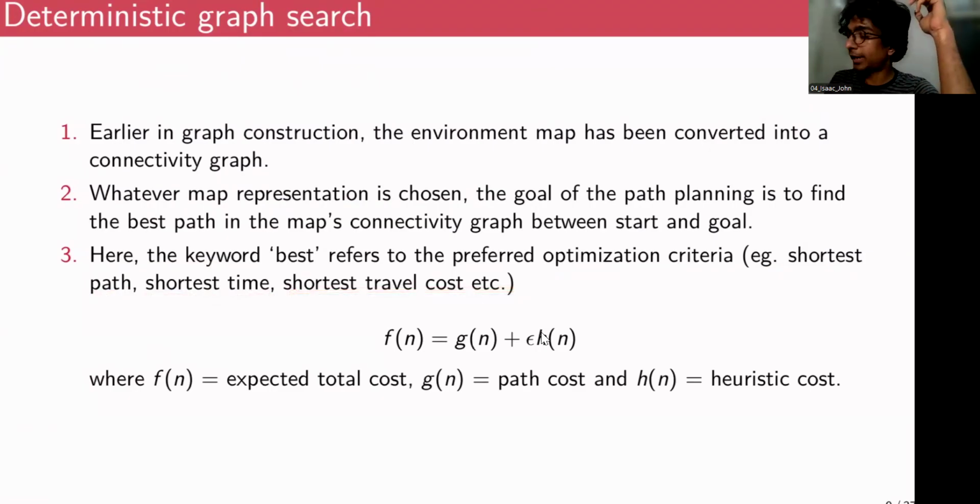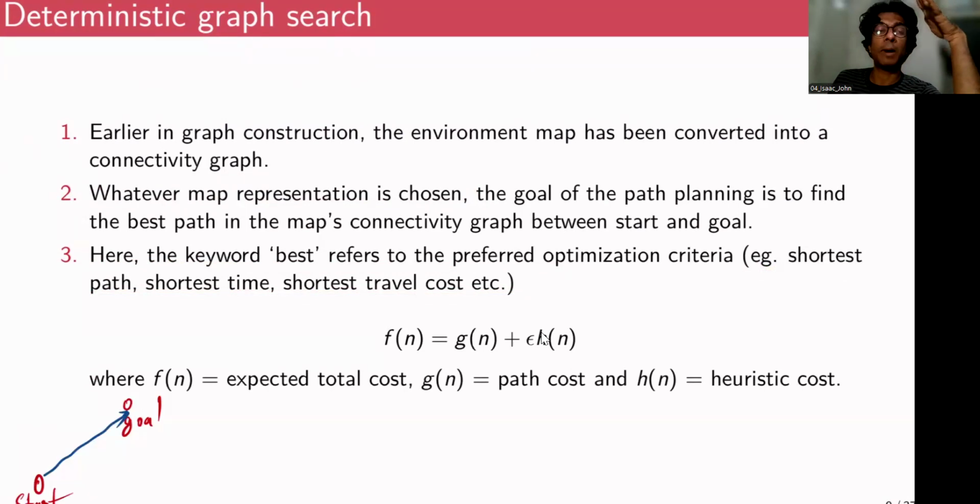Now, one might think that this could mean the same thing, right? So one example I can tell you is that if you have a start position here, and if you have a goal position here, and if you consider a straight line connecting the start and the goal position to be a path that has minimal distance, you could argue that this path represents the shortest path.